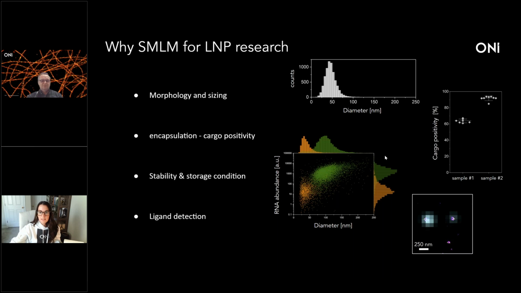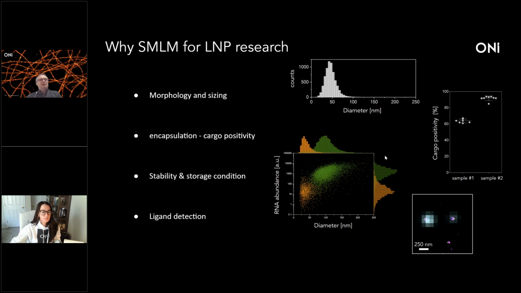Can you detect a cargo other than RNA? Yes. If we look at nucleic acids, you can detect RNA and DNA. You can detect anything, if you have a peptide or an antibody, as long as you're able to label it. The key factor is that you need to be able to label it. If you use nucleic acids, you can have dyes which specifically bind nucleic acids and can be specific for different laser lines.